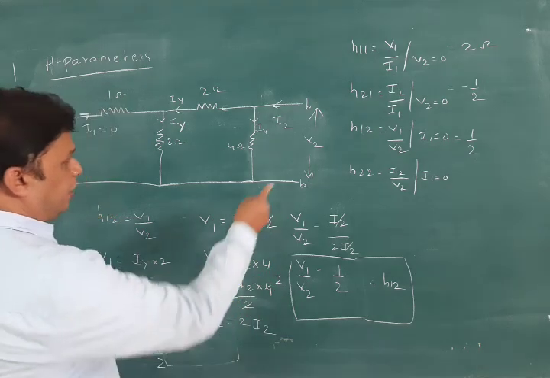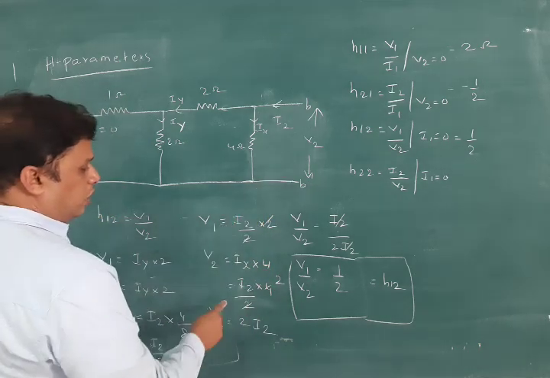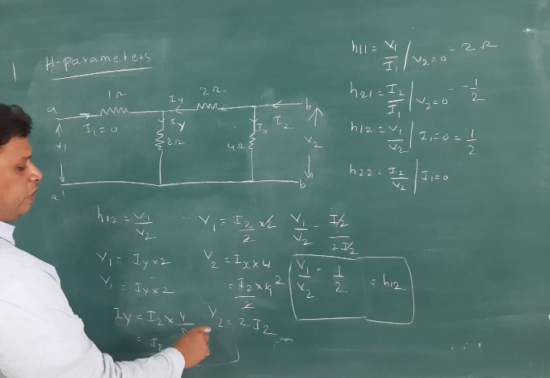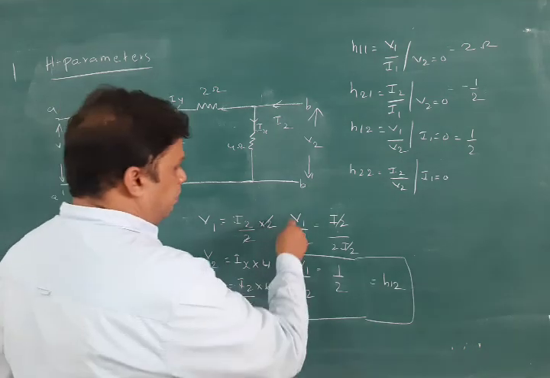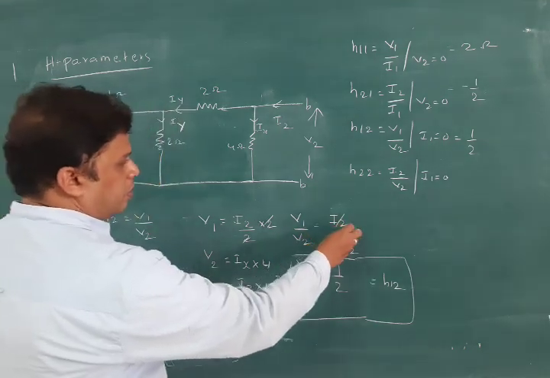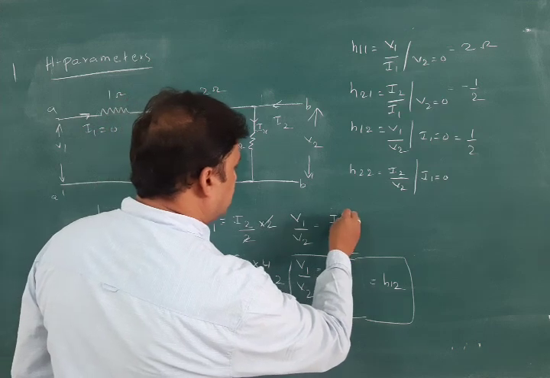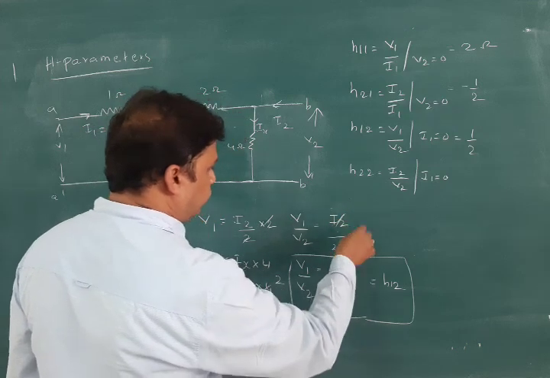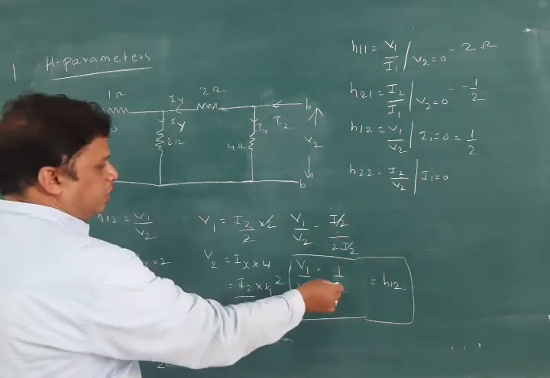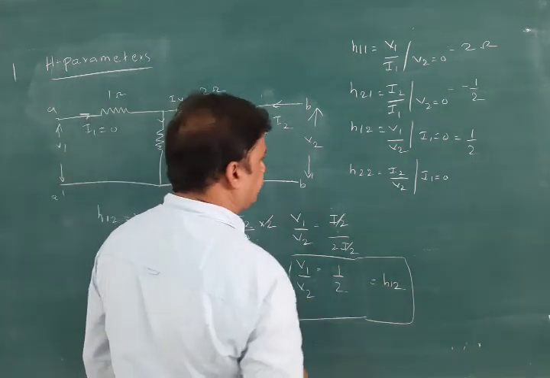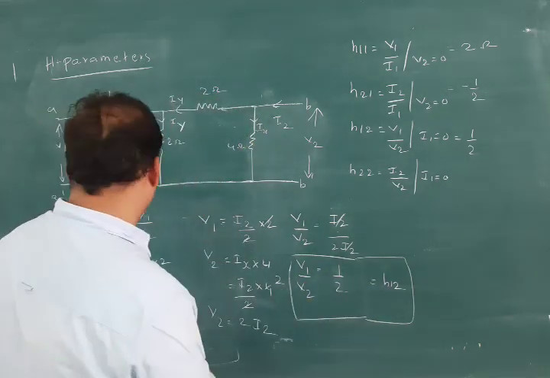V2 is equal to Ix into 4, it becomes I2 by 2 into 4, V2 is equal to 2I2. V1 by V2 is equal to I2 by 2I2. I2 gets cancelled and remaining is 1 by 2. So we got H12. Now we will go to H22.